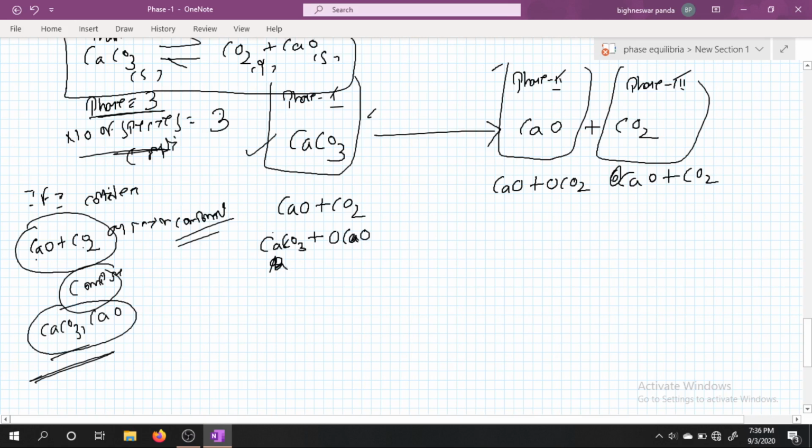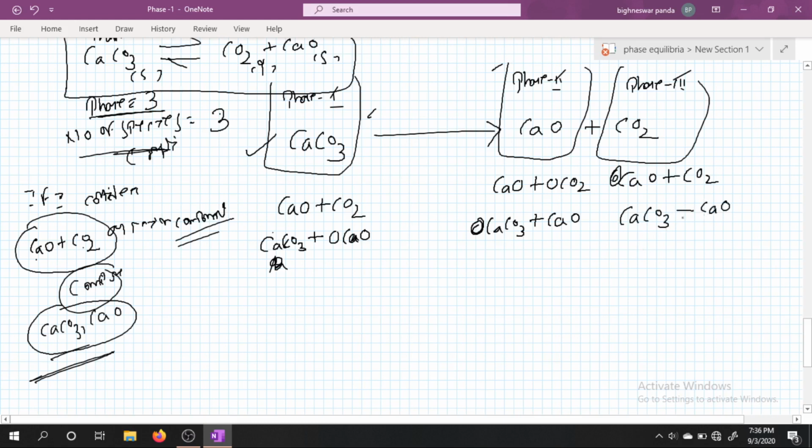For phase 1, I am writing here calcium carbonate plus 0 calcium oxide. For phase 2, I am writing 0 calcium carbonate plus calcium oxide. For phase 3, I can write calcium carbonate minus calcium oxide.